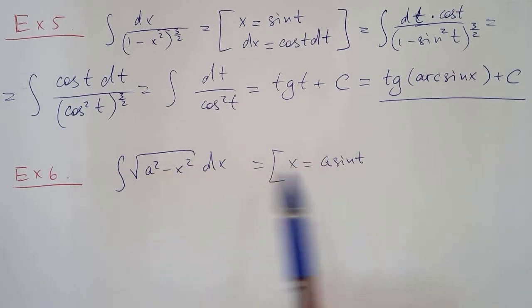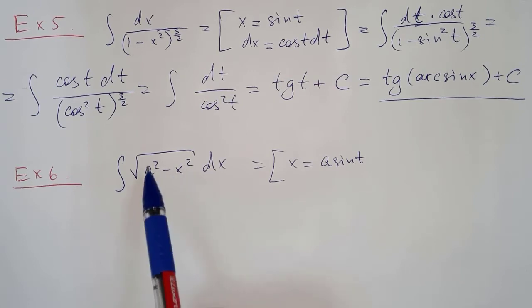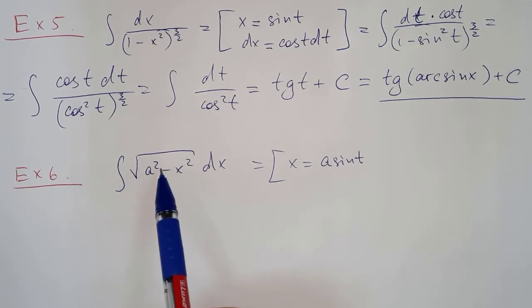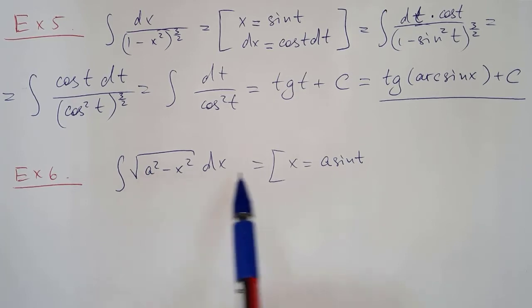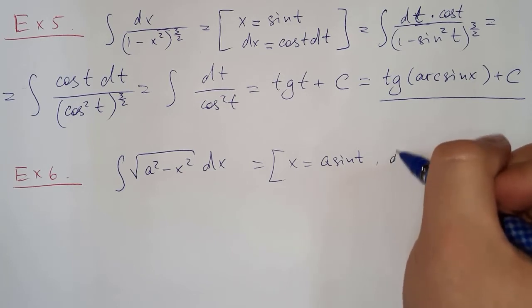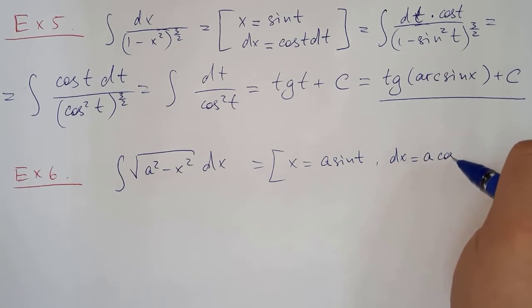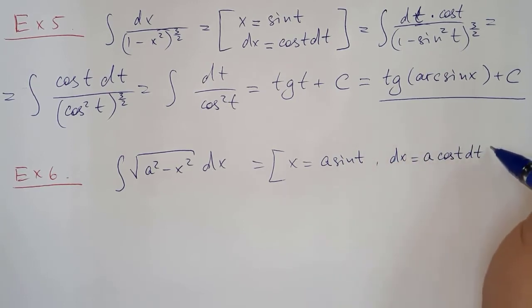When we put a sine t instead of x, we get a squared minus sine squared t, and we can find cosine from this equation. And dx is a cosine t dt. This is dx.